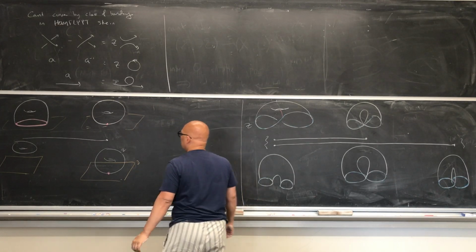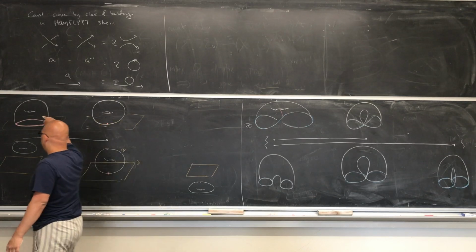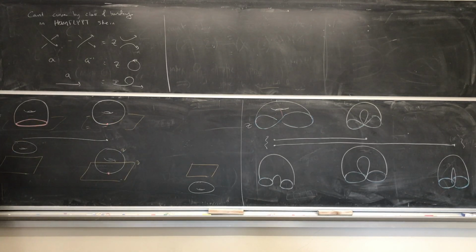Okay, so what about this one? Well, again, this has a different weather characteristic. We count it by z, and so this starts to look a lot like that second skein relation, but not quite yet because I don't have this A variable.